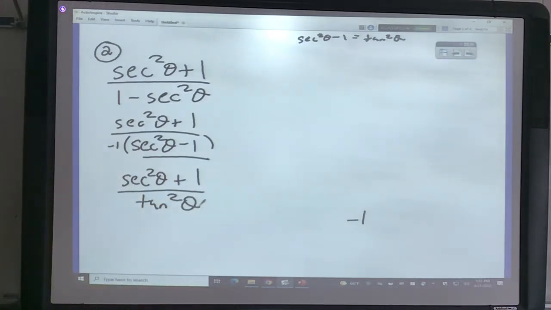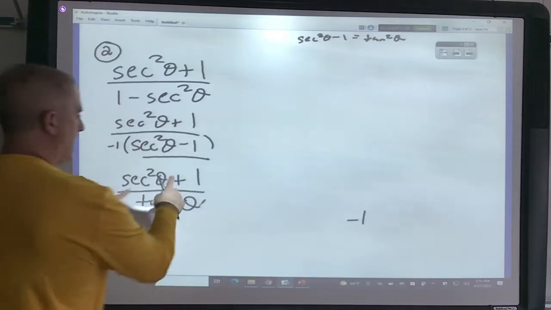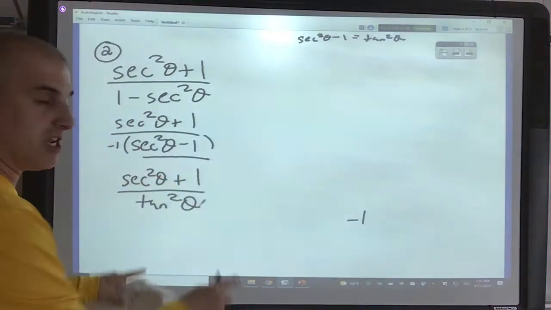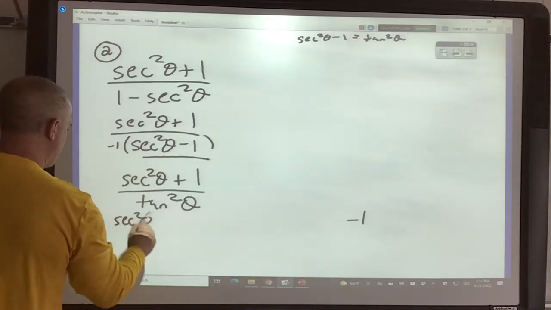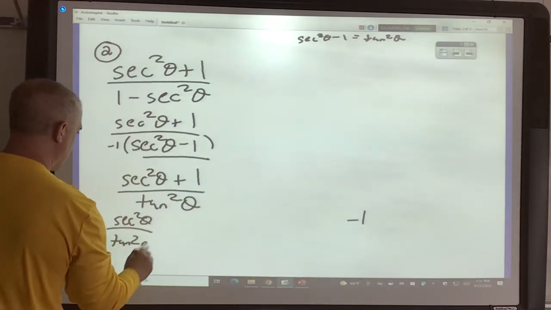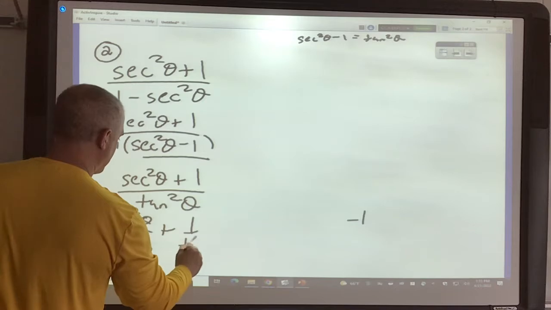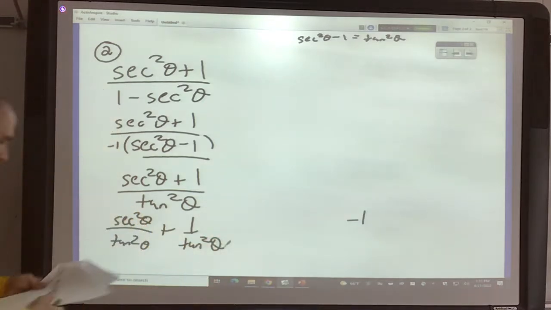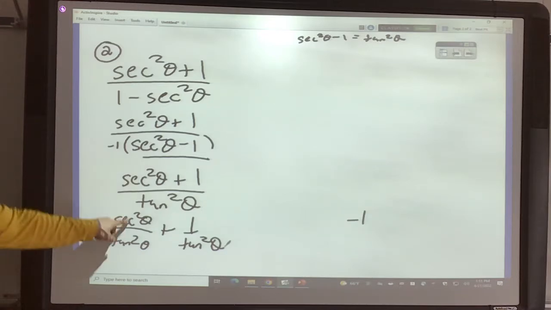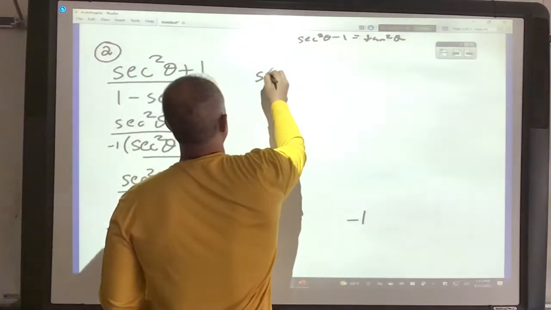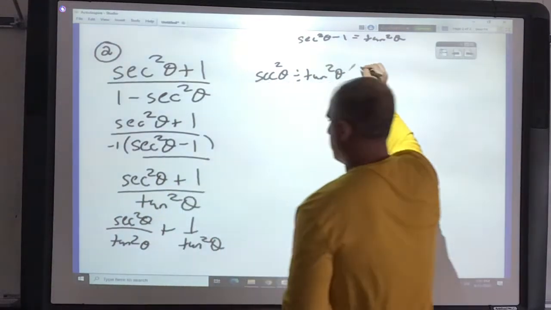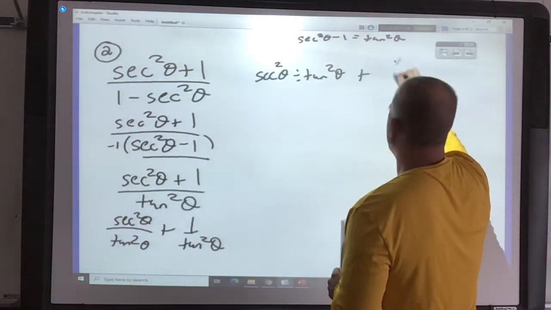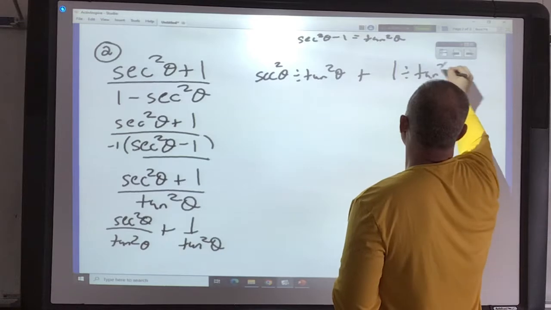Now, what do I do in this situation? Back in our tip sheet, we talked about how you can split these fractions. So secant squared over tan squared plus 1 over tan squared. This is secant squared divided by tangent squared plus 1 divided by tangent squared.